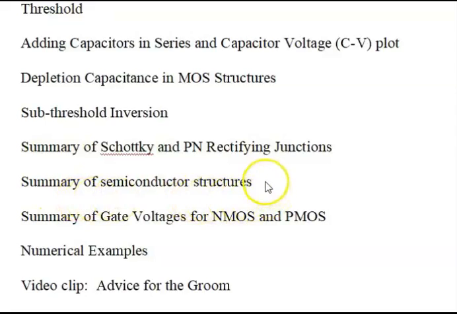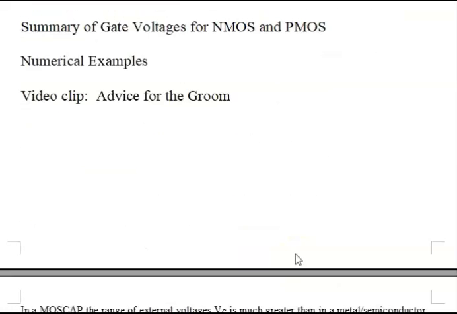I don't know if we'll do this all that deeply. It's all there in the text, so I'll just perhaps touch on some of the highlights. And if we have time, we'll talk about some more summaries and numerical examples, and we'll continue that probably in our next session. And then we'll end with a video clip, which I think you'll find kind of nice. So that's at the end.